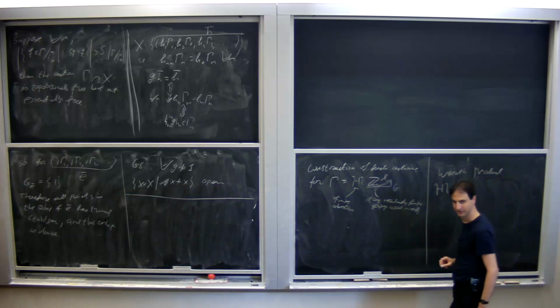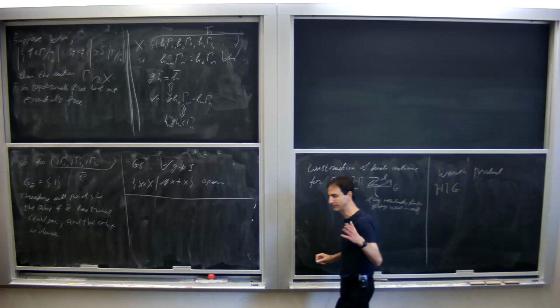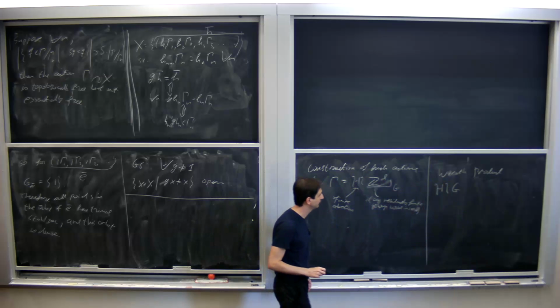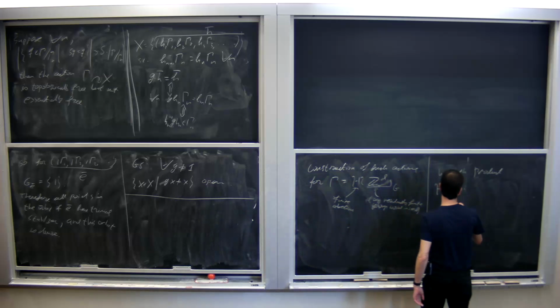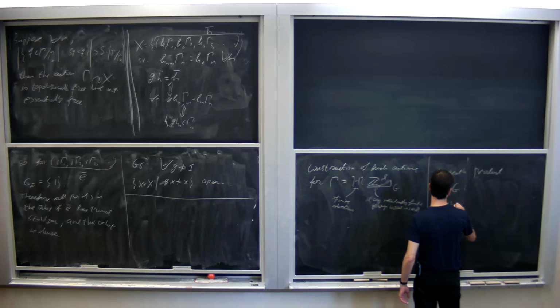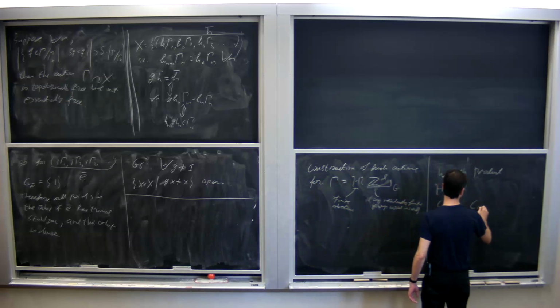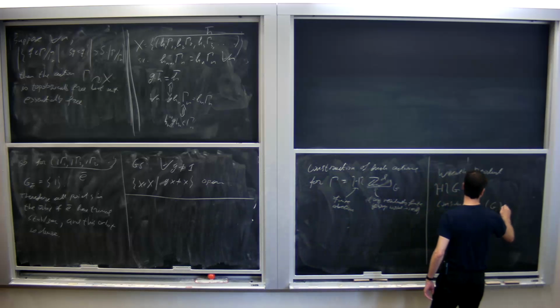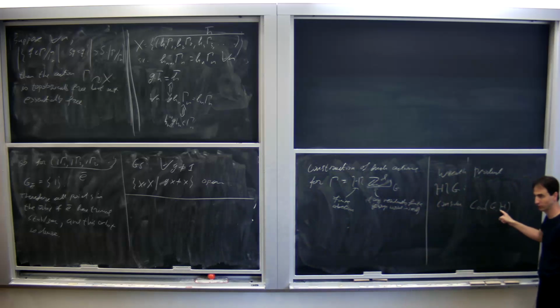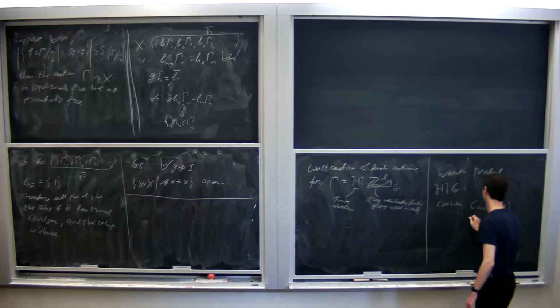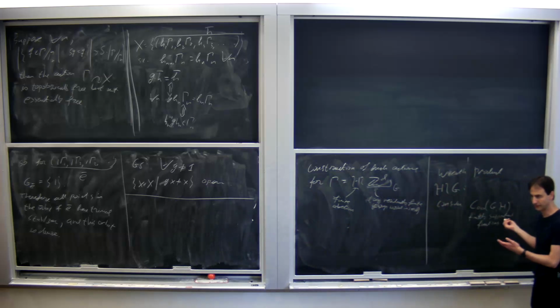But you could do it for any H abelian and any G. The only thing is, we consider C_c(G, H). This is all the finitely supported functions from G to H. Okay, that's an abelian group under addition.